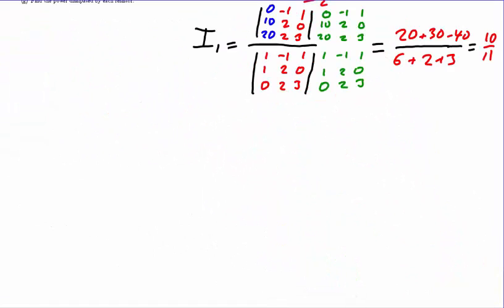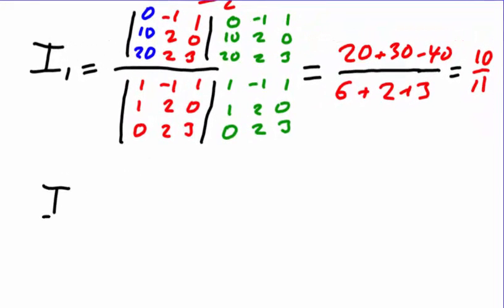We'll perform a similar calculation to find both the value of I2 and the value of I3. Since for each one of these Cramer's rule calculations, the denominator determinant is always the coefficients, that value is the same in each calculation whether it's I1 or I2 or I3, and we previously calculated the denominator to be 11. Thus, we only need to formulate the determinant in the numerator in order to get our final result for I2.